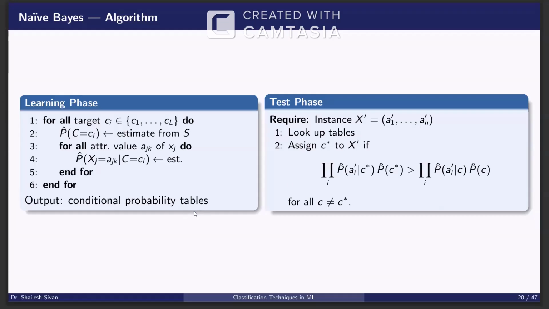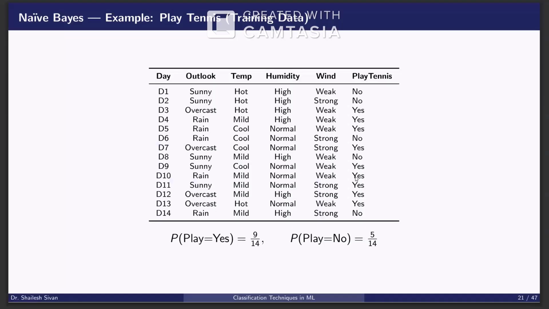If a new instance comes, we have to calculate these probabilities, and the one which has the maximum probability can be assigned as the target class.